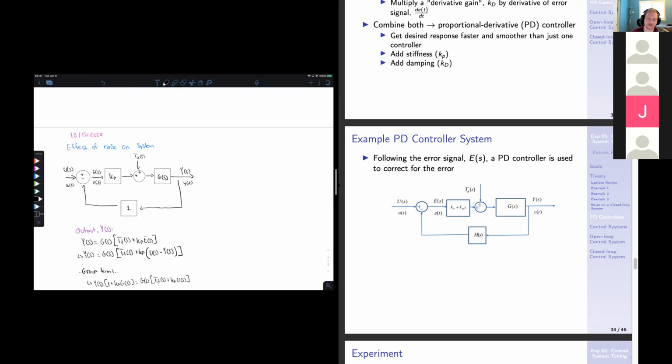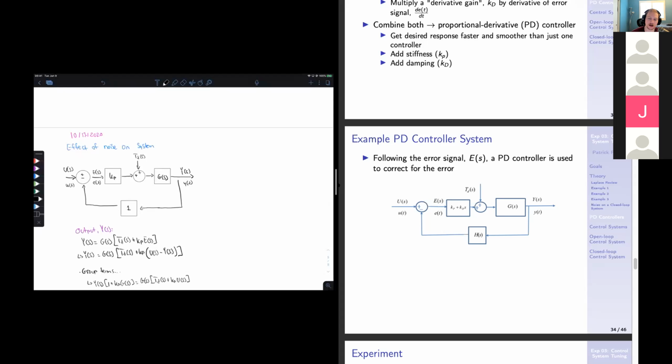It's kind of small, but in this box here, it says Kp plus Kd times s. So Kd, that's our derivative gain, and we're multiplying it by s, because if you remember, that's the transfer function for a derivative. So we have s here because s is taking the derivative of our error with respect to time.